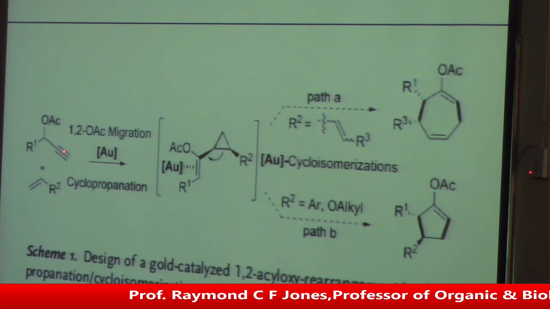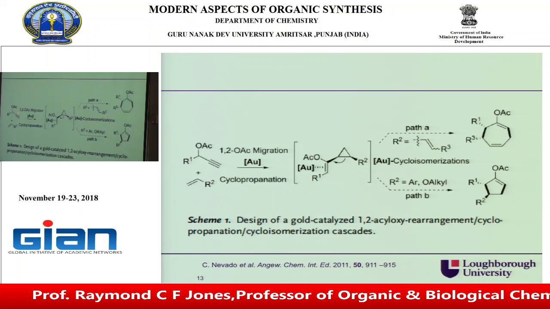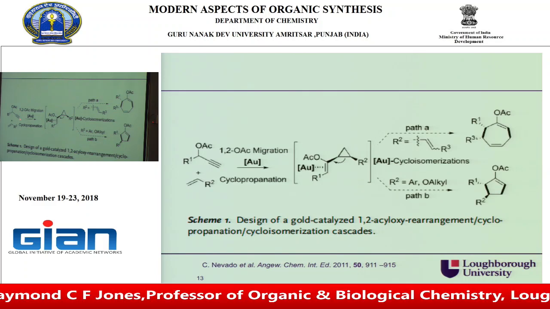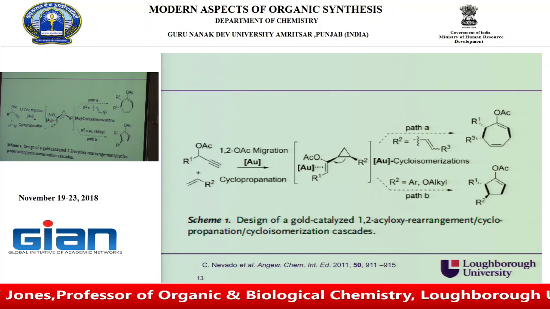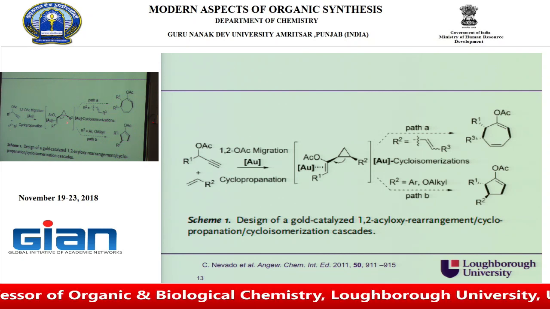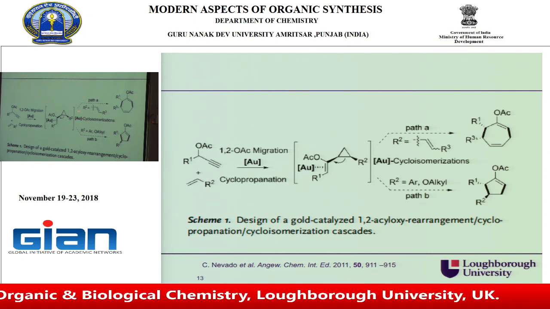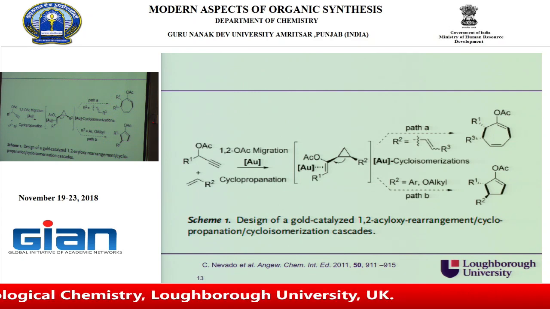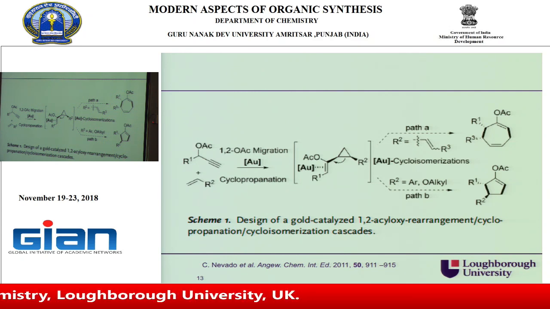So alkyne activation, acyl migration, leaves a gold carbene, does a cyclopropanation. If that leaves another double bond hanging off, then you can get a Cope rearrangement to give you a 7-membered ring.